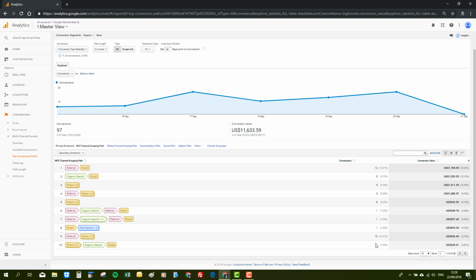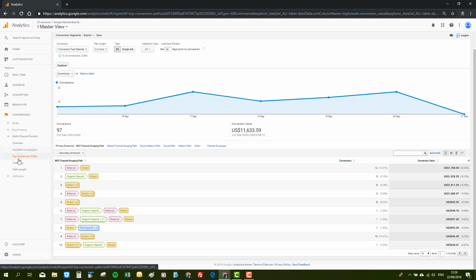Now, not statistically significant because it's only one conversion, but referral direct does account for 10% of all conversions and is relatively low. This is not a valuable conversion path. Direct paid search, not statistically significant, although does drive a good bit of revenue. So we do know that there's high value in paid search as an assisting channel here in the top conversion paths.